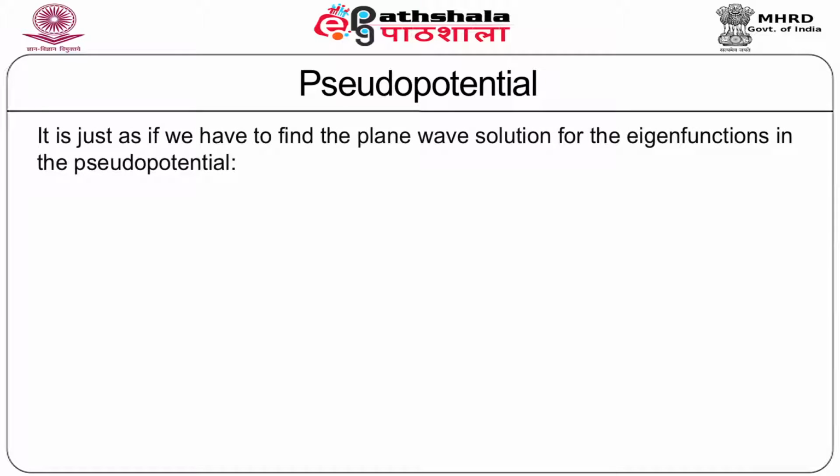This is just as if we have to find the plane wave solution for the eigenfunctions in a pseudopotential, which is given by gamma equal to U plus V_R.